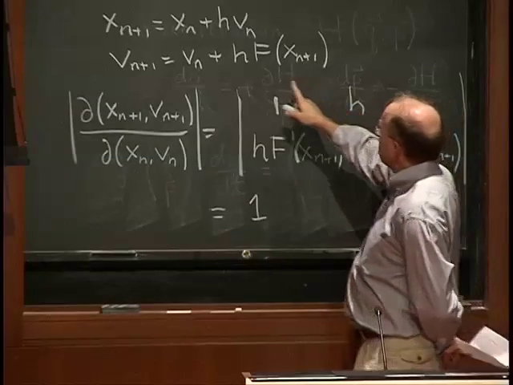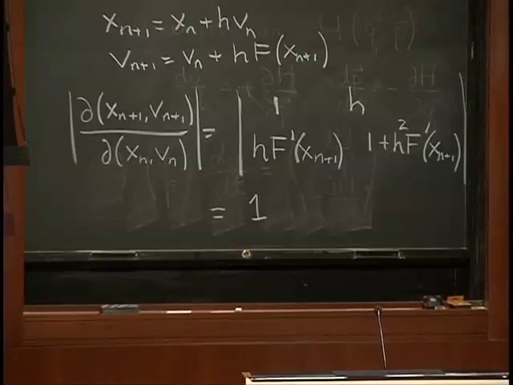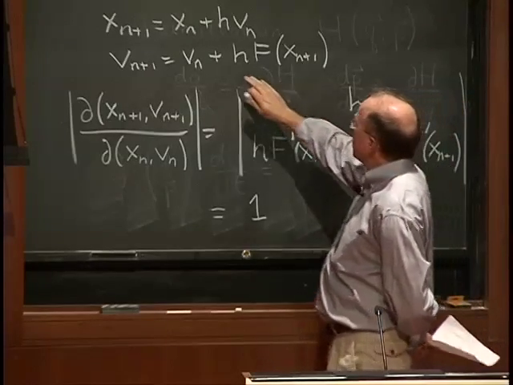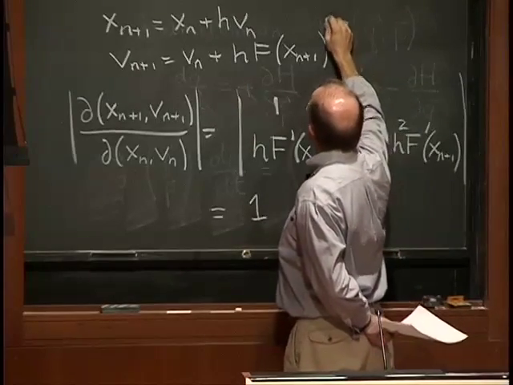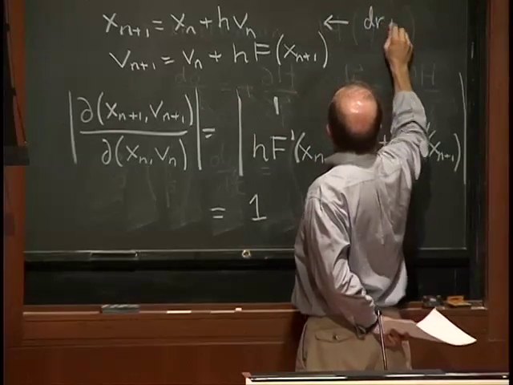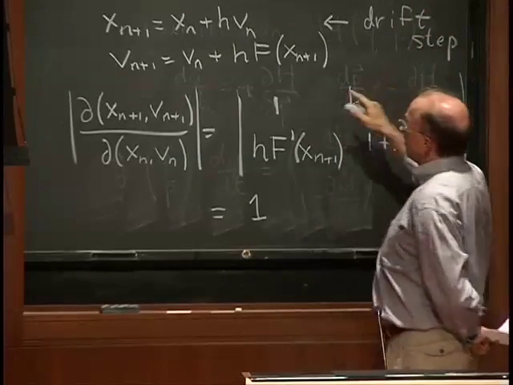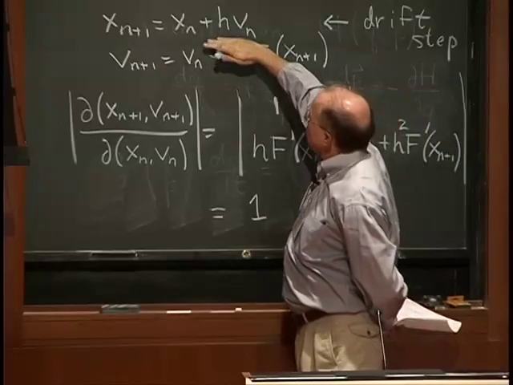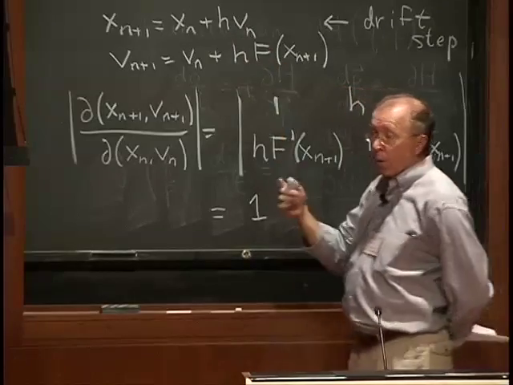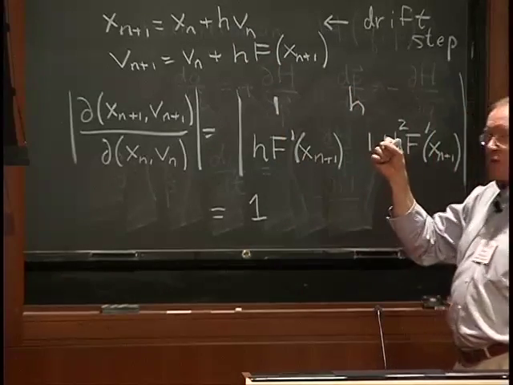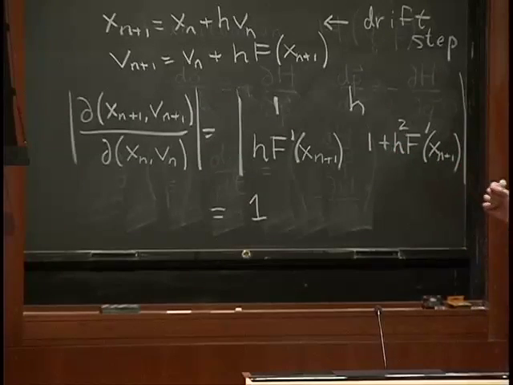To explain what the simpler way is, let me go back to this description of modified Euler. A convenient way to think about modified Euler is to think about these two steps separately and to label them differently. This step is called a drift step. The reason it's a drift step is that if you look at this step alone, the velocity doesn't change, the position does change, and it's basically equivalent to the particle just drifting down a river at constant velocity without any acceleration.